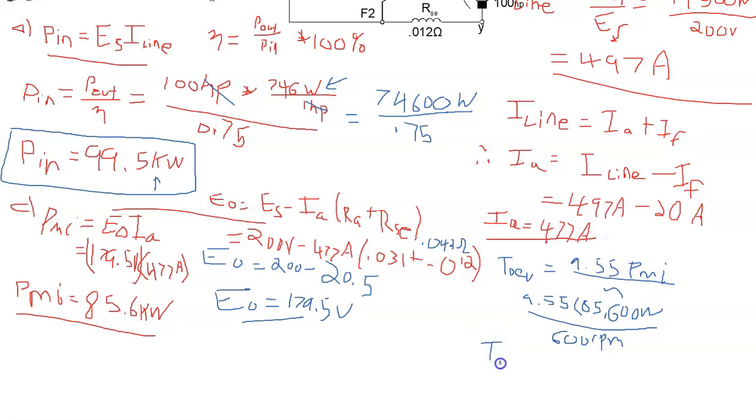That means the torque developed is equal to 1363, and I just left it at 63. Remember that the SI unit for torque is Newton meters.